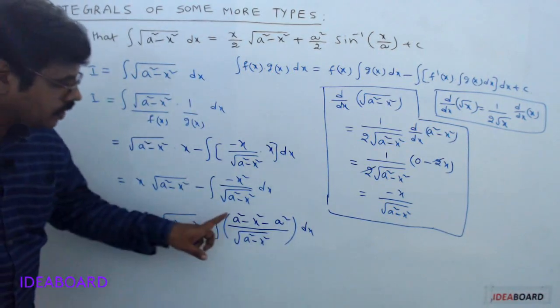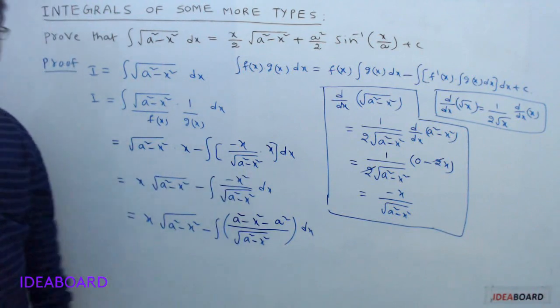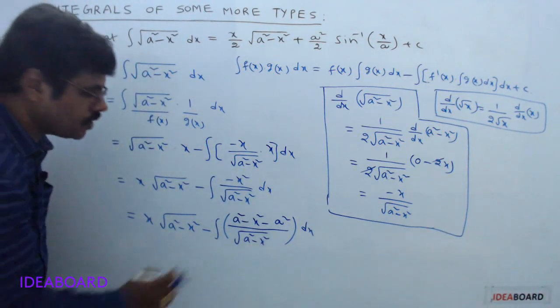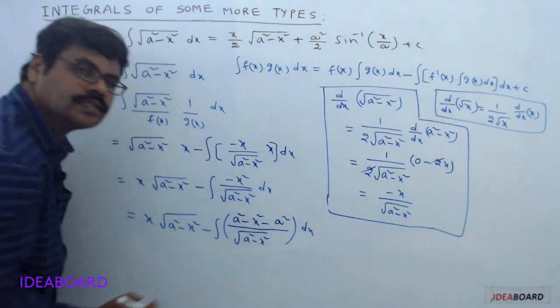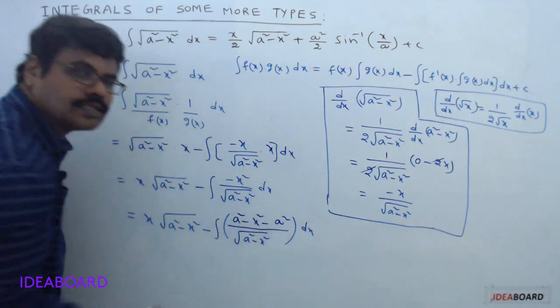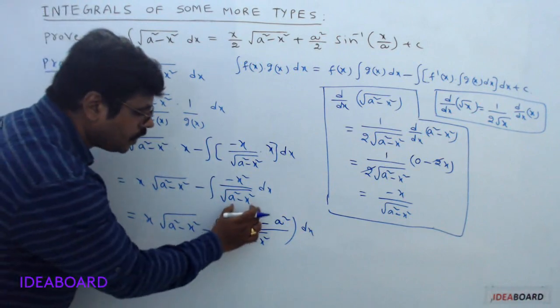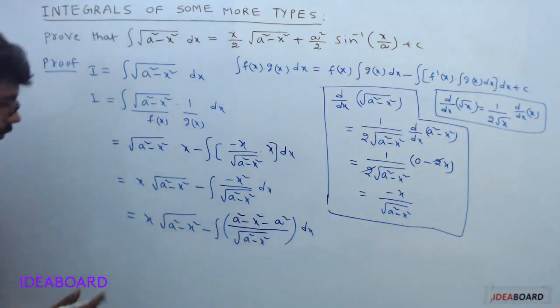Here what I am doing is adding and subtracting a square to this numerator. Now this expression is of the form a minus b divided by c. This expression can be taken as a divided by c minus b divided by c.